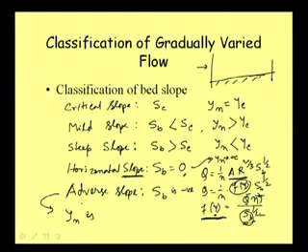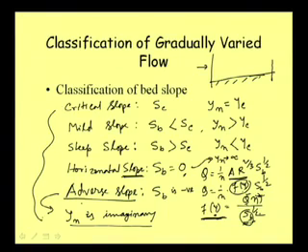So, this right hand side becomes imaginary, and this becoming imaginary means our y n is also becoming imaginary. So, this y n is imaginary, that we can write for adverse slope. So, these two are special cases: for adverse slope y n is imaginary, normal depth, and for horizontal slope y n is infinity.